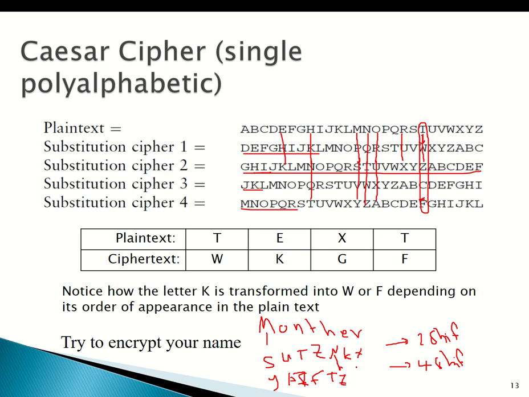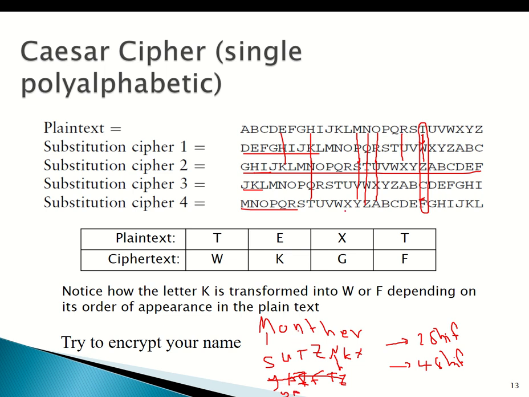Okay, I'm not encrypting this one, sorry. So the M, let's make it Y, and the O is A. I'm looking at my name.